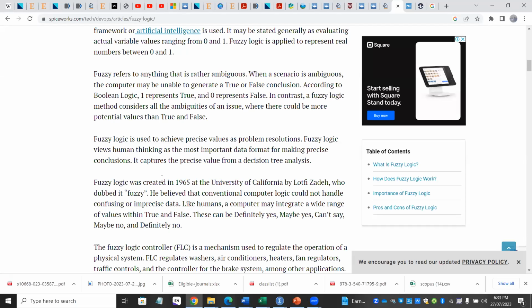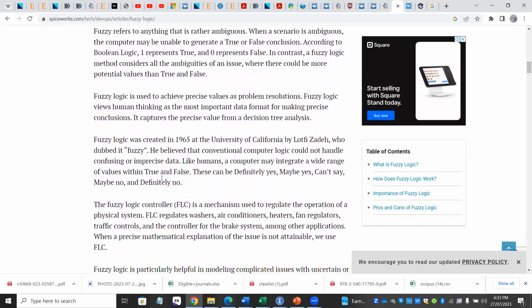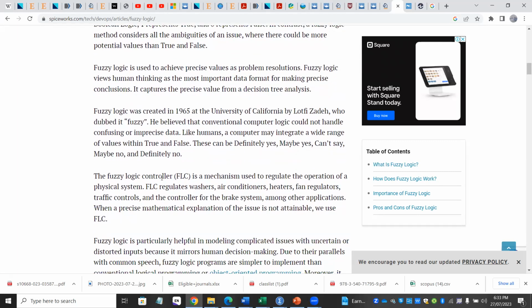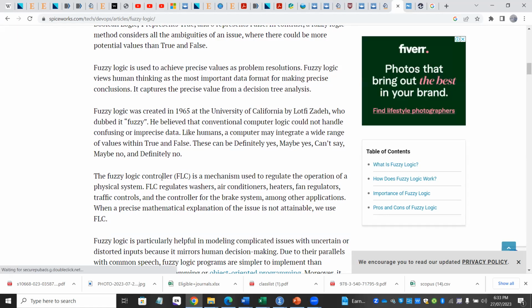Okay, so fuzzy logic was created in 1965 at the University of California by Lotfi Zadeh, who dubbed it fuzzy. He believed that conventional computer logic... as I said, now it's in the computer world, but it's not only used in computers.